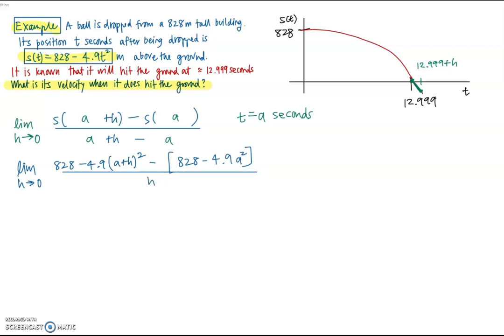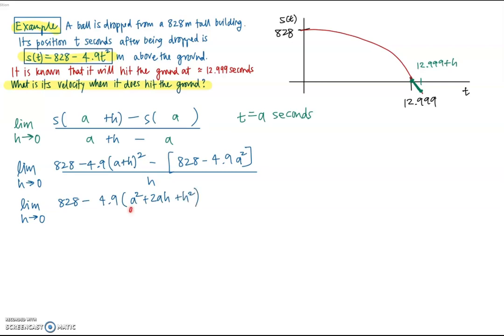Okay, so we're just going to clean up all of this stuff right here, and things drop out pretty nicely. We still have the limit as h goes to 0. We can't plug in 0 for h because it would create a 0 in the denominator, which we just can't do. But we've got 828 minus 4.9 times a squared plus 2ah plus h squared.